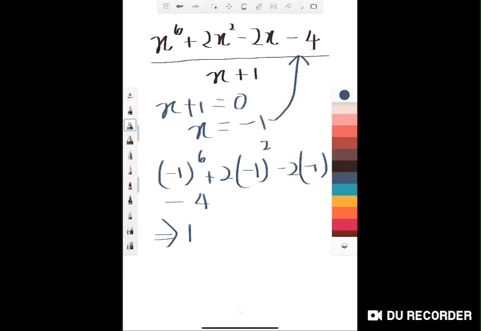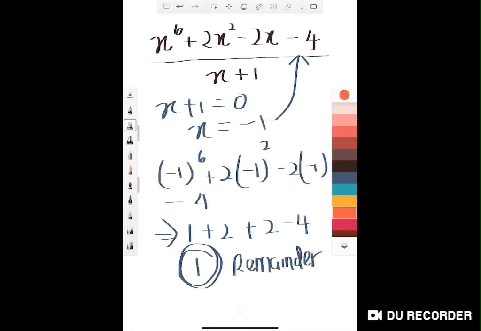Negative 1 power of 2 is 1, times 2 is 2. So that one is positive 2 minus 4. So what we have: 1 plus 2 is 3, plus 2 is 5, minus 4 is 1. So you have remainder here. This is remainder. Therefore, x plus 1 is not a factor of this polynomial.